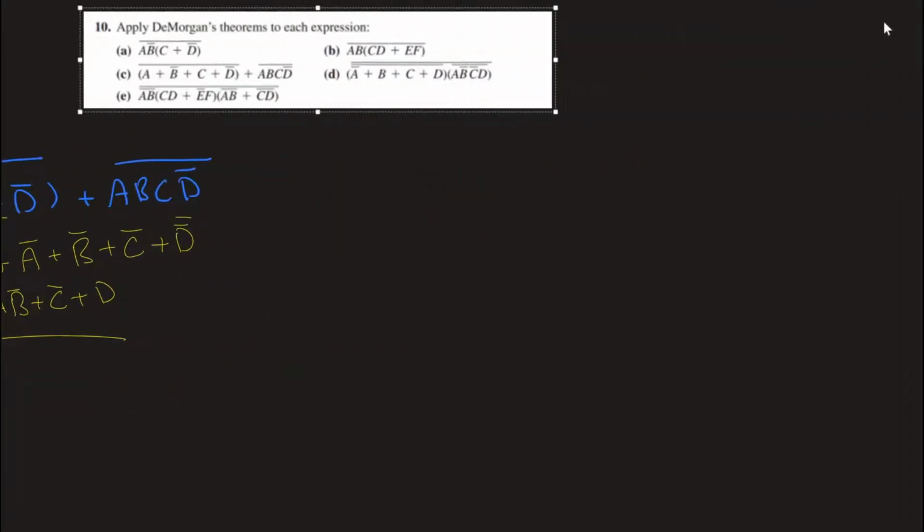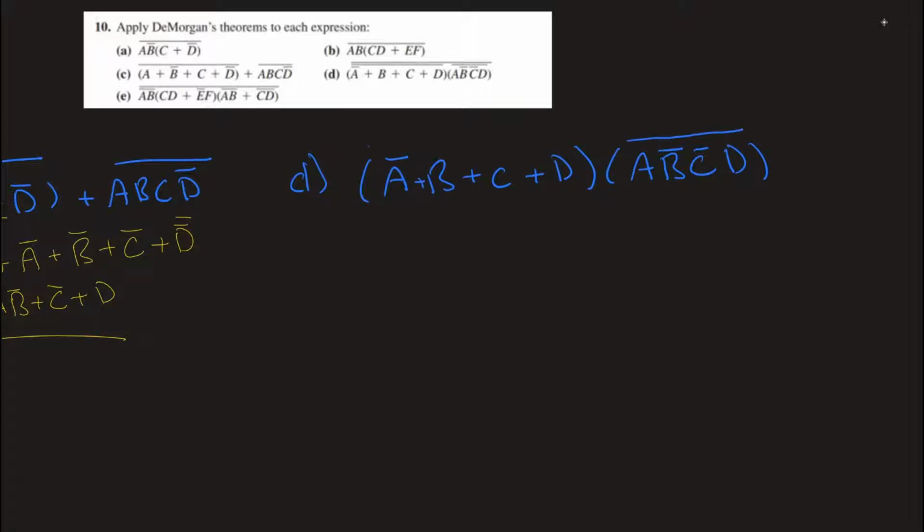Alright, so for D, we had A naught, B, or C, or D. All of this is in parentheses, ANDed with A, B naught, C naught, D. And then we have an overbar over this, an overbar over this, and an overbar over that.